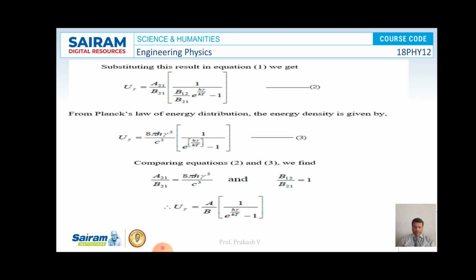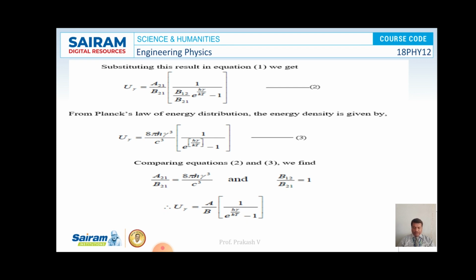Now substituting the value of N1 by N2 in equation number 1, we get U mu is equal to A21 by B21 into 1 by (B12 by B21 into e to the power of h mu by kT minus 1). Consider that as equation number 2.